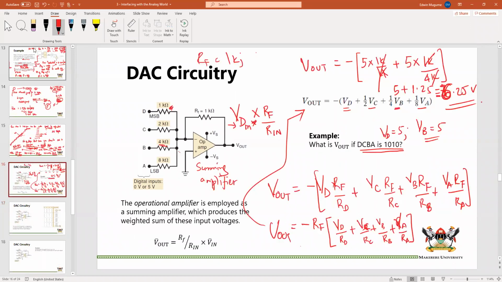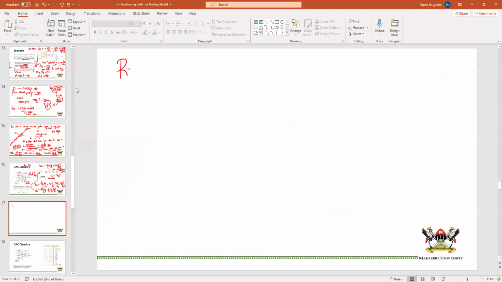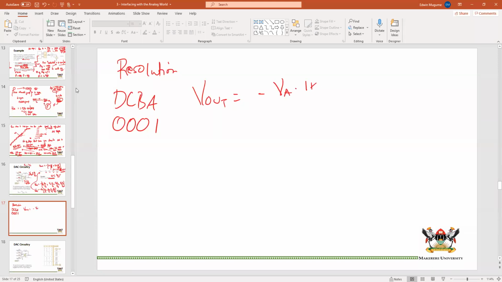So if we want to find the resolution of this, we can say DCBA is 0001. Then V out for this case is equal to negative VA times RF over RA, which is 1K over 8K, so negative 5 over 8, because VA, when it's 1, means 5.